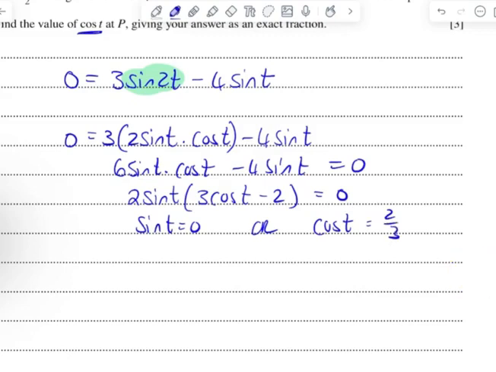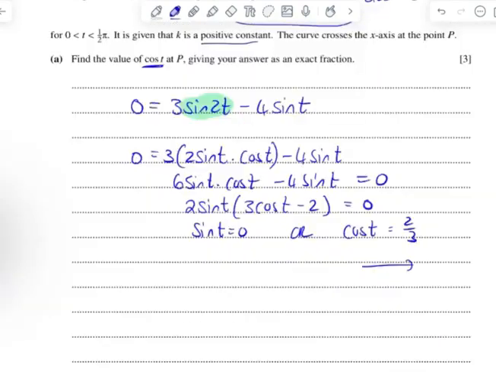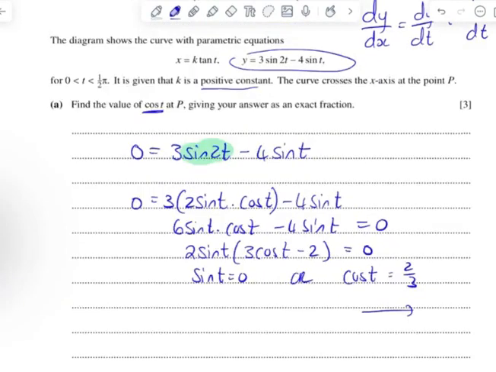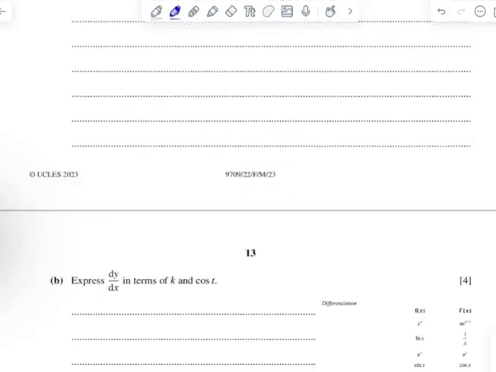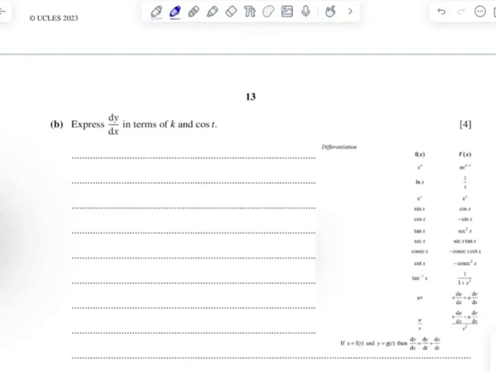And there we have our answer to what is the value of cos t. It's 2 over 3. Okay, so sometimes the questions are a little bit obscure, but you just need to confidently do what they tell you to do and get your answer. Okay, express the derivative in terms of k and cos t.